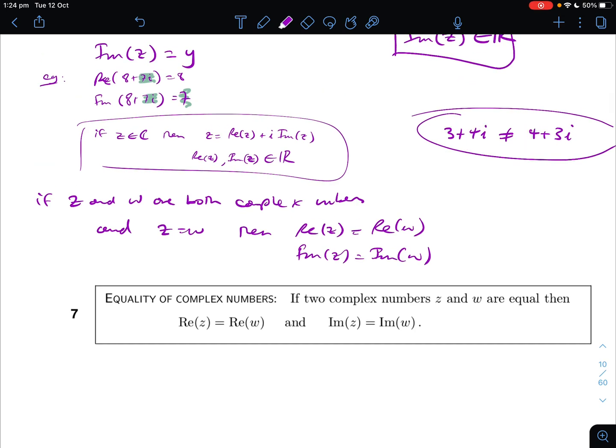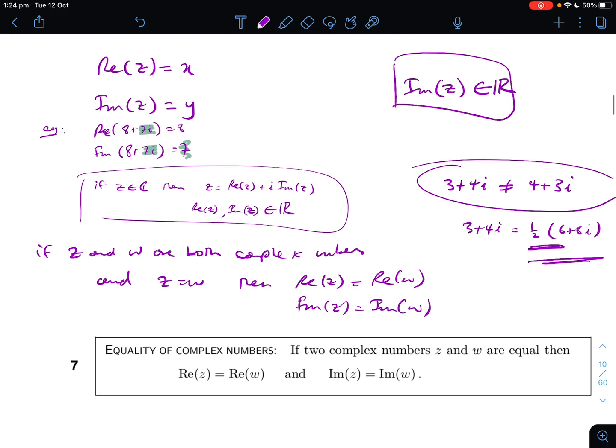As in, you can't write 6 plus 8i as 6 plus something else times i. Yeah? There's no other number here which will give you that equal relationship. You can write, obviously, things like 3 plus 4i is a half times 6 plus 8i, but then the real part of the right-hand side is still 3, and the imaginary part is still 4.